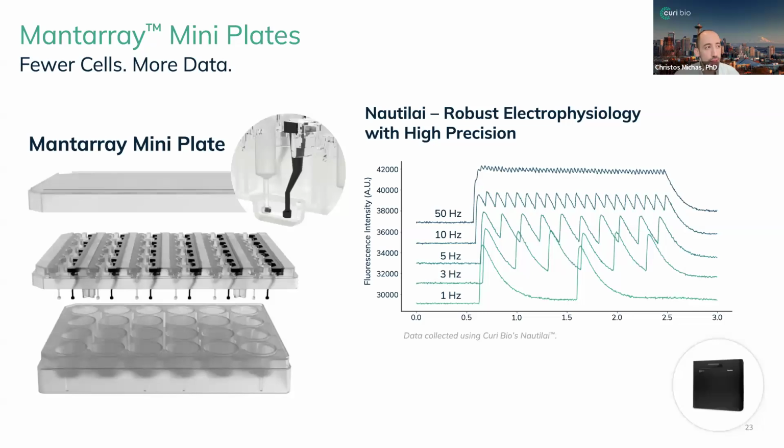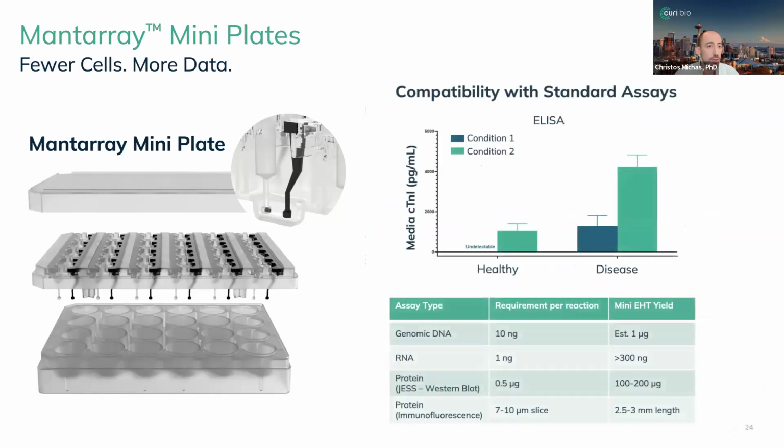And in fact, the fluorescence resolution and the time resolution are high enough for you to be able to notice the very fine oscillations that happen at the very top of the 50 hertz, almost fully fused tetanus. And so that is to say that with the Mantarray Mini and with the Nautilus, you can get really robust electrophysiology data.